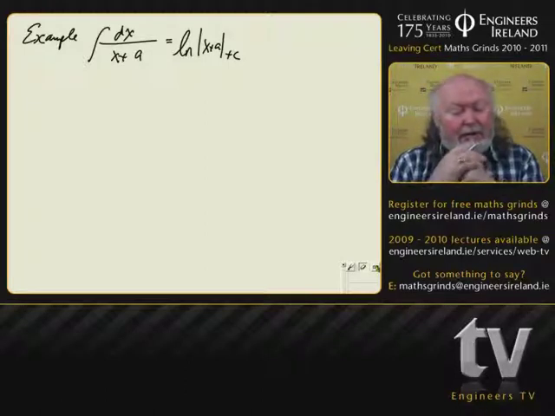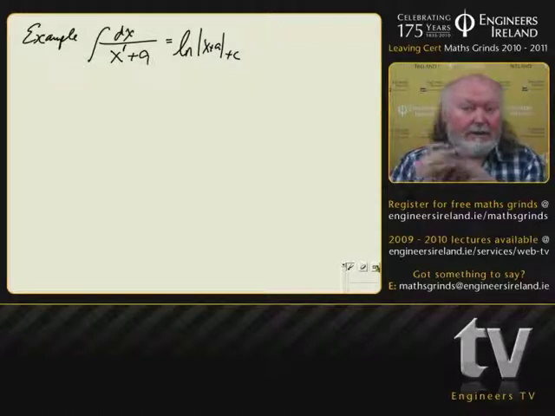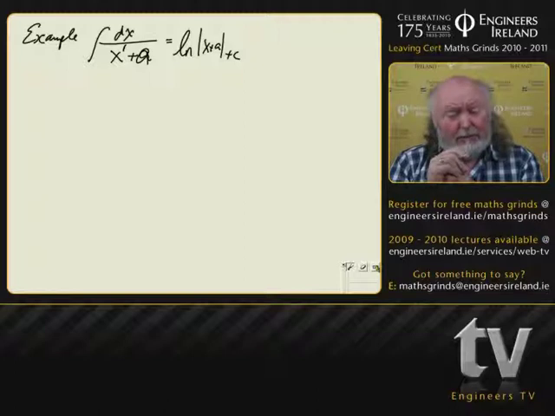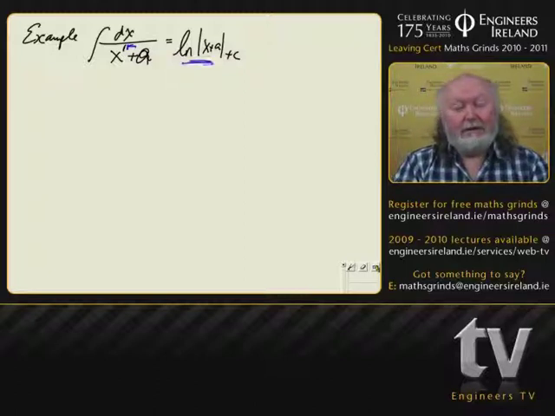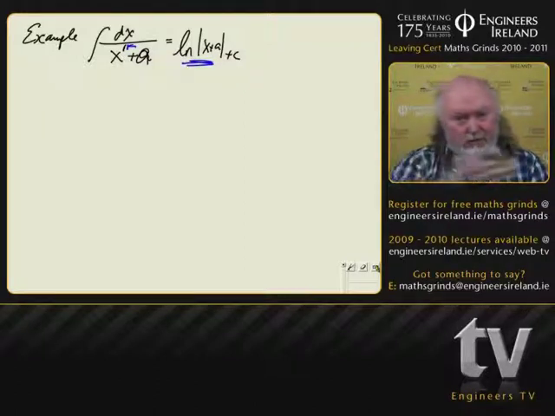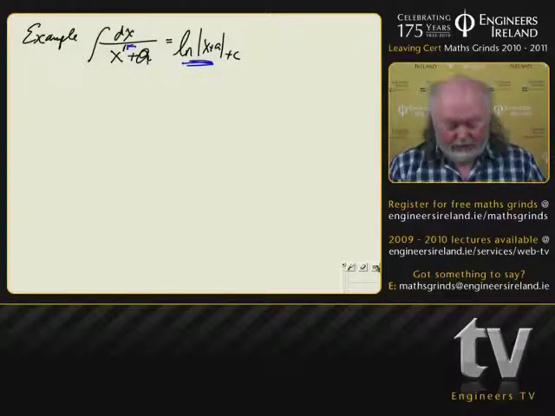Therefore, if we're integrating a 1 all over a polynomial like this one, which is x to the power of 1 plus a, that's a linear polynomial. In other words, the equation of a straight line, but it has a power of 1. We know that we have to get an answer which is a log, because integration very much is a return journey from a differential.